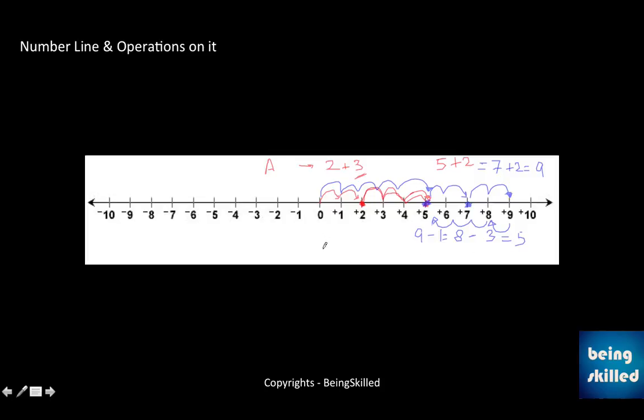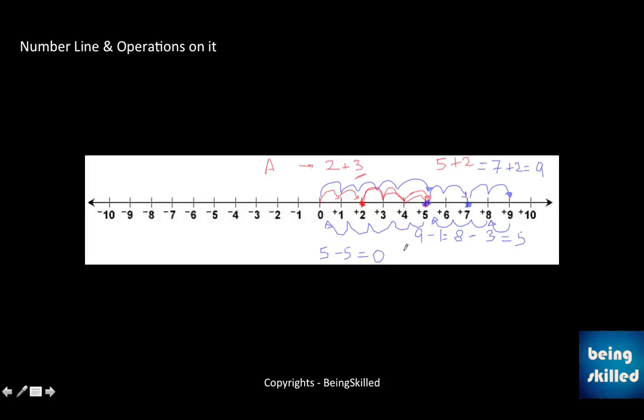If we are having 5 and we want to subtract 5 from it, what will be the result? You have to move 5 steps towards the left side: 1, 2, 3, 4 and 5. So we are at 0.